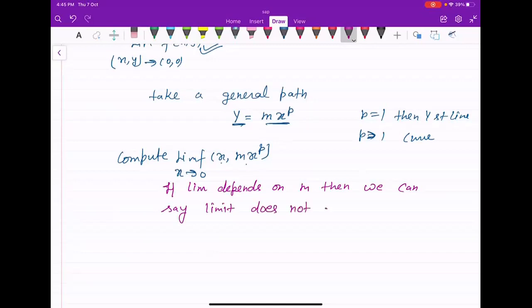Why? Because you are getting the limit in terms of m, and m is not fixed. m is varying. That means m equal to 1, 2, 3, that means there is a different slope. So you are getting a different value. As the value of m changes, you are getting a different limit. So you will say the limit does not exist.